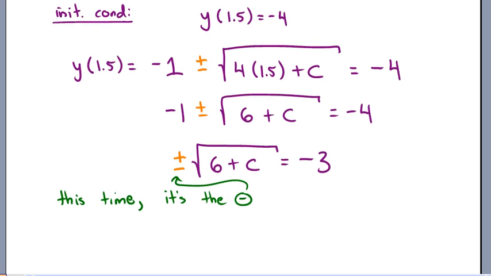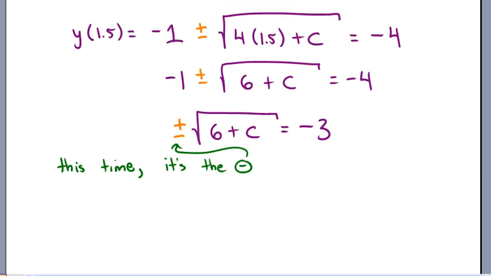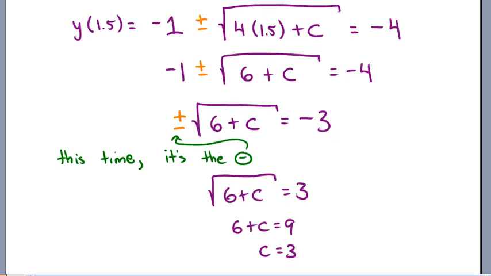Okay, so if I go with the negative, I'll be all right, and the negatives will match up, and I'll have this need for the root of 6 plus c to be 3. Well, if I'm rooting something and getting 3, the stuff under the root's got to be a 9. So 6 plus c is 9. c has to be 3.